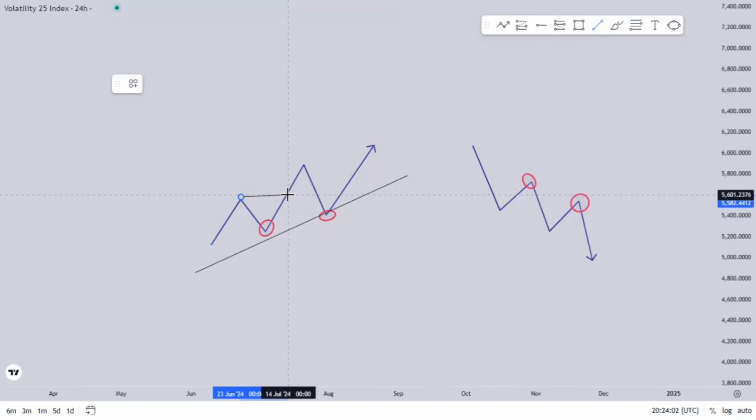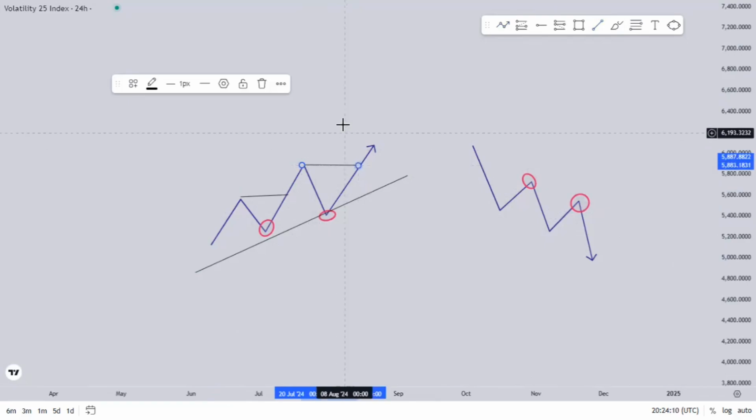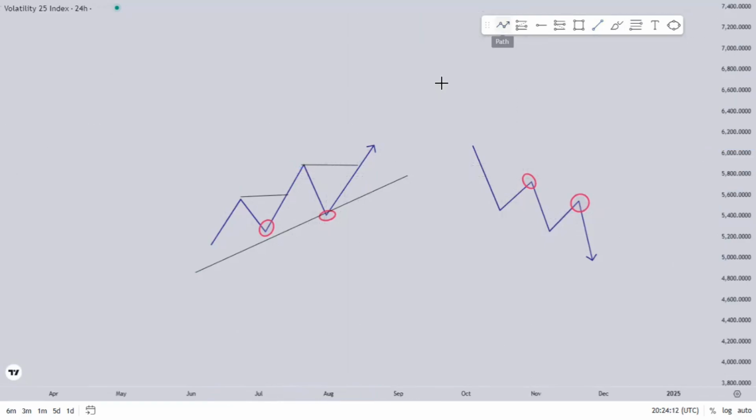Always annotate it. A break of structure, and a change of character where possible, is very, very important. Once you have the break of structure, that is when you should be expecting a pullback. Until there is a break of structure, you shouldn't be expecting a pullback. Rather, you should be what? Taking the buy alongside the overall trend.